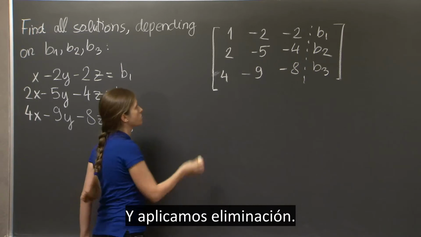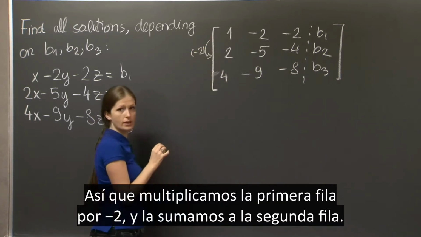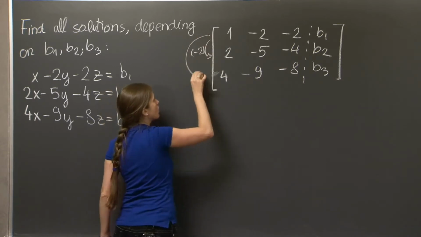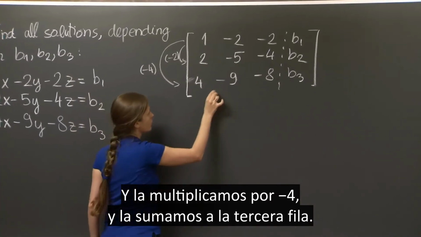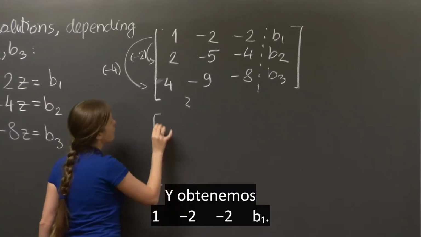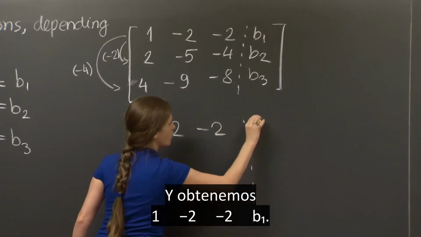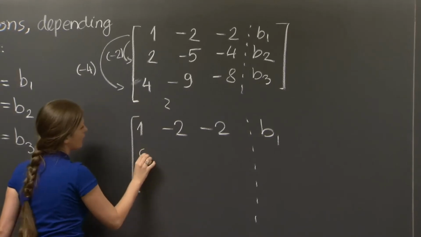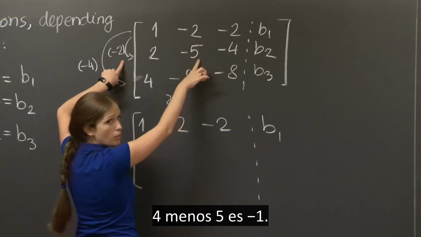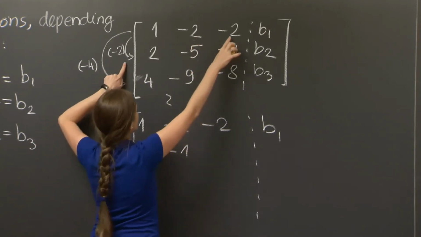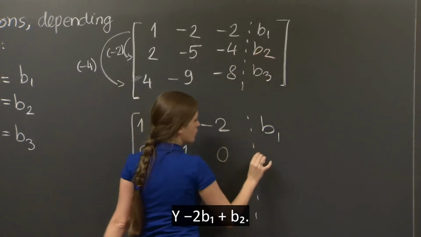And we do elimination. So we multiply the first row by minus 2 and add it to the second row, and we multiply it by minus 4 and add it to the third row, and we get 1, minus 2, minus 2, b1, 0, 4 minus 5 is minus 1, 4 minus 4 is 0, and minus 2 times b1 plus b2.